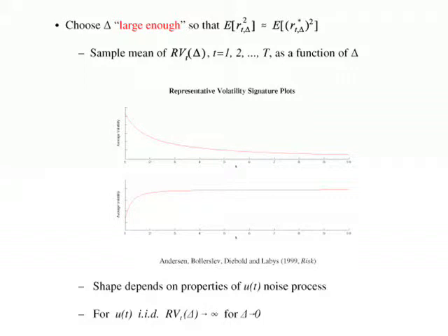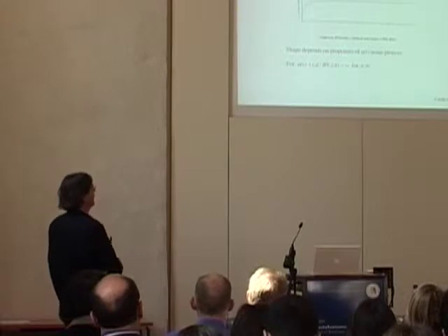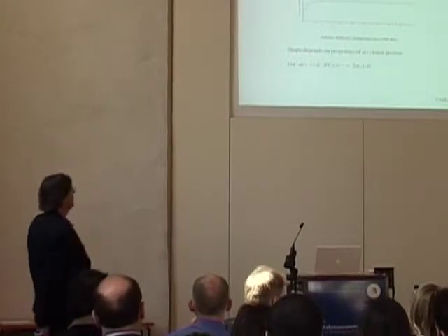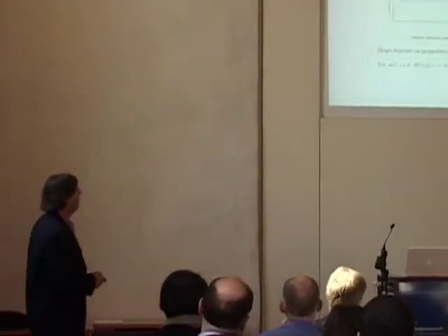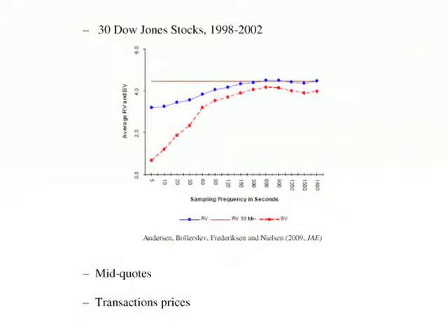So if you plot all of these sample averages as a function of the sampling frequency, what you're going to find is that as you sample more and more frequently, the market microstructure effects start to show up, and you get a biased estimate of what the true variance really is, which is what you would get if you just average daily squared returns over the sample. So you can use that as a simple device for starting to think about what might be a reasonable sampling frequency to use.